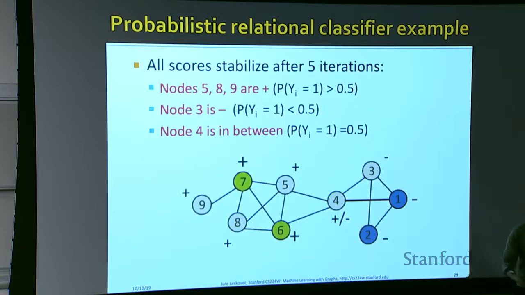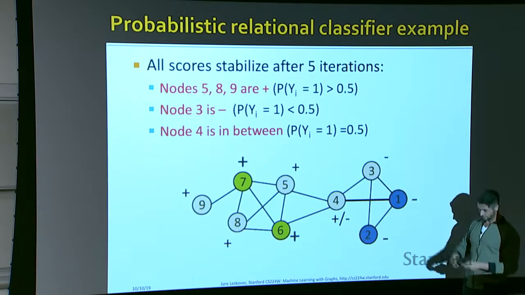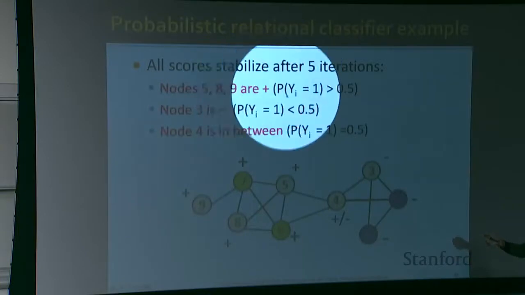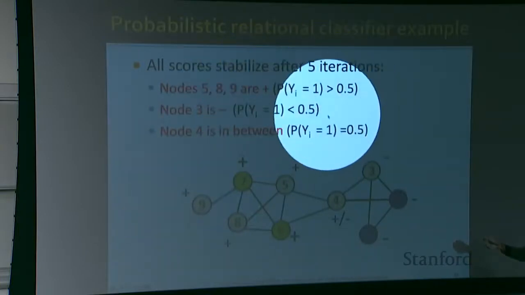So what happens here is that once we are satisfied and once we run enough iterations, we want to turn those probabilities into actual label assignments, right? So at the fifth step of the iteration, we found out that our scores are stabilized, so they haven't been updated anymore. So we stop our algorithm, and now we can assign the labels for node 5, 8, and 9, so they will be positive because the probability is above 0.5.